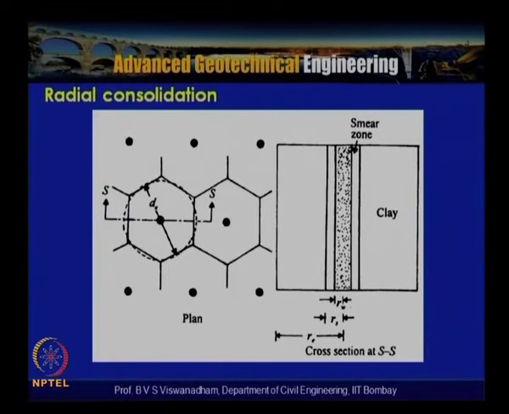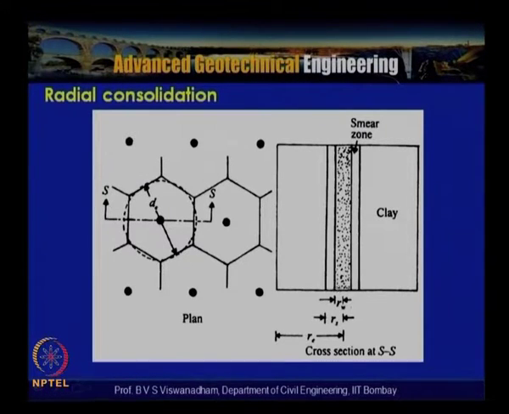Here this horizontal distance Re, 2 Re, is nothing but De, or as per our terminology capital D is equal to De is equal to 2 Re. That is the total influence zone, and from the center to this point is Rs.